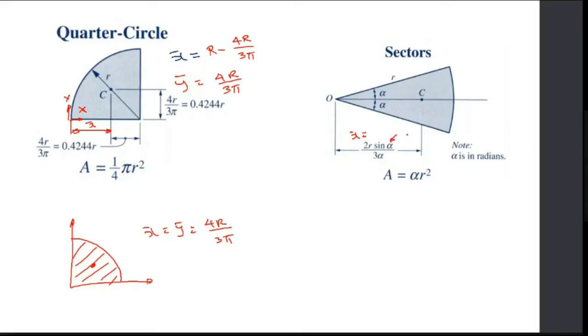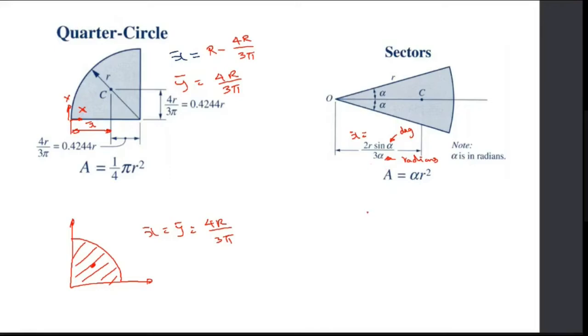But alpha should be in radians. Here you have to substitute alpha as an angle in degrees, and here you have to substitute alpha as radians. You have to substitute accordingly in both cases. Based on that, you can identify the centroid of the sector for a particular location.